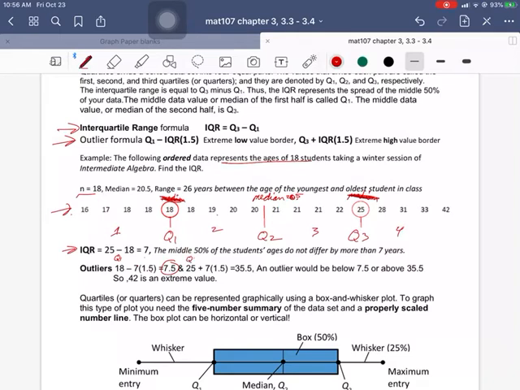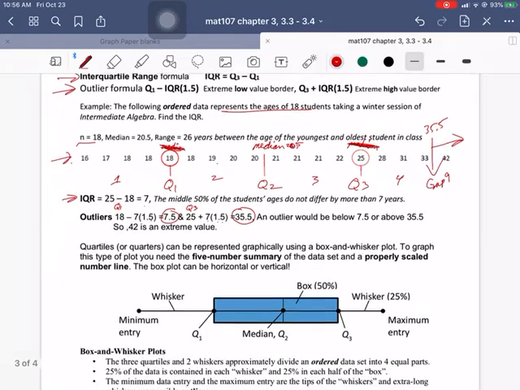But if you take Q3 here and add the 7 interquartile range times 1.5, you're going to get 35.5 for an upper end. So the 42 turns out to be an extreme value or an outlier. There is a gap of 9 here, so that would be an unusual number right there.